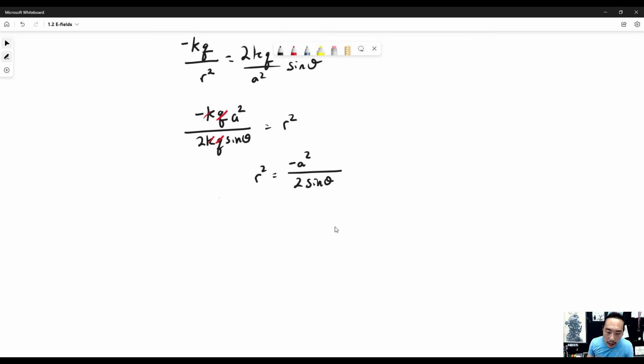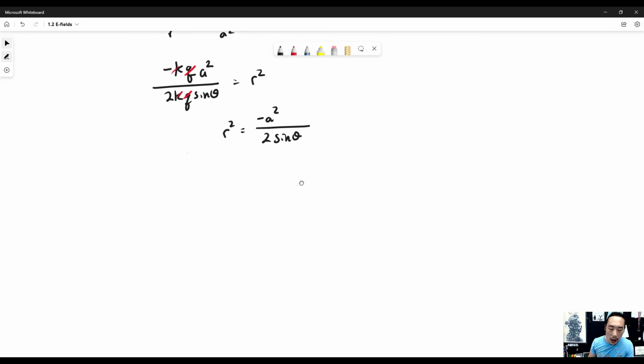All right, so if I need to know the exact location, I'm going to take the square root of both sides, and see what I do here. That negative simply means the direction. So if we're looking at this in terms of the magnitude, I can actually take that negative out and just ignore it completely, because the negative is simply telling us that the E field must point downwards. So r is equal to a squared over 2 sine theta, and the square root of all that.